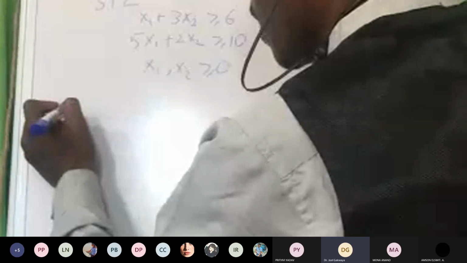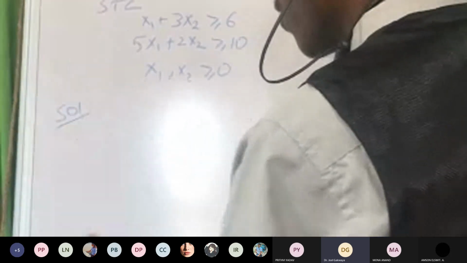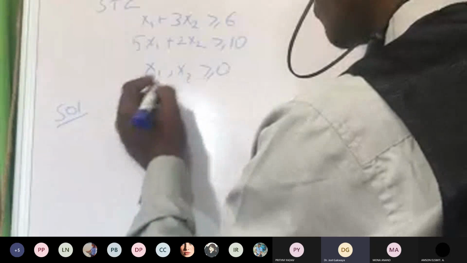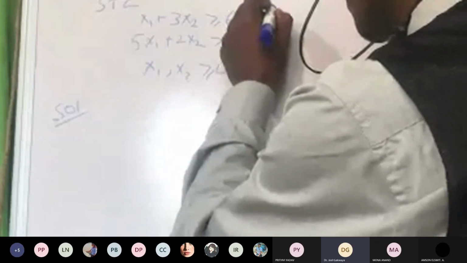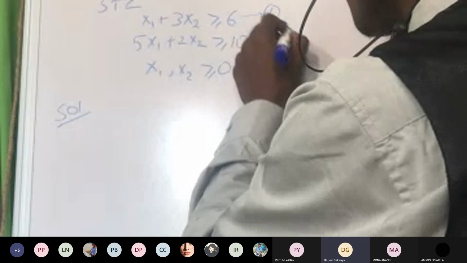In which way? Let's say this is solution 1. When we want to convert this one, remember this is equation 1 and this is equation 2.